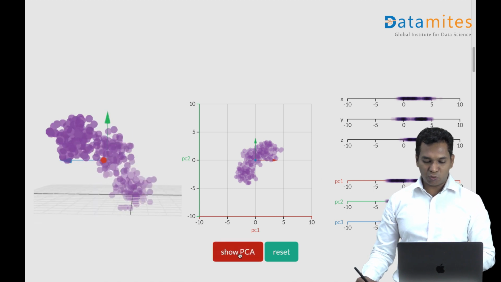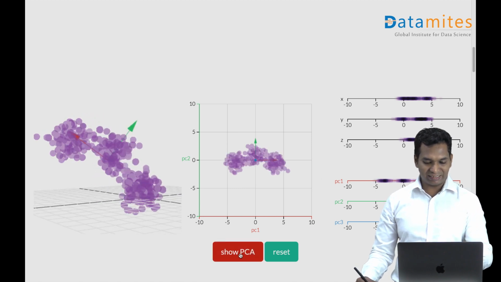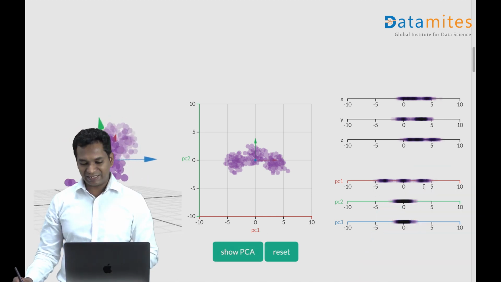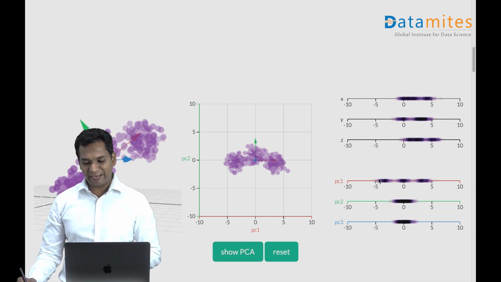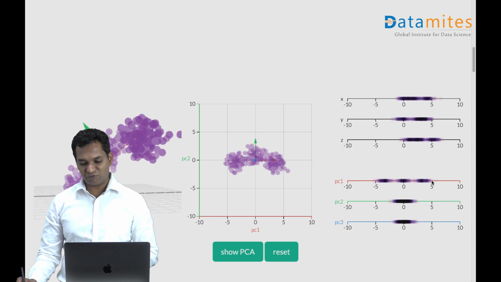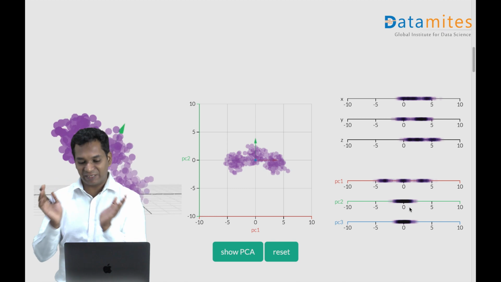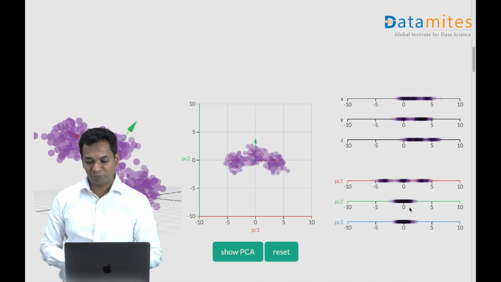But when I click show PCA, you can see that the axes are turned, and now in the PCA, PC1 captures from -5 to +5, and the other two principal components have less variance, around 0.